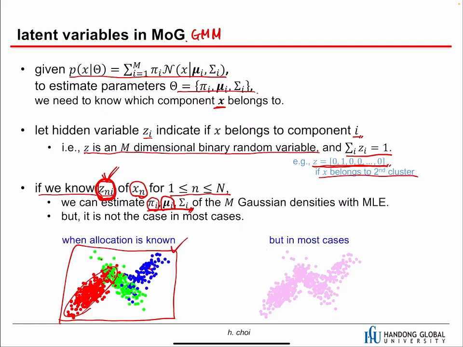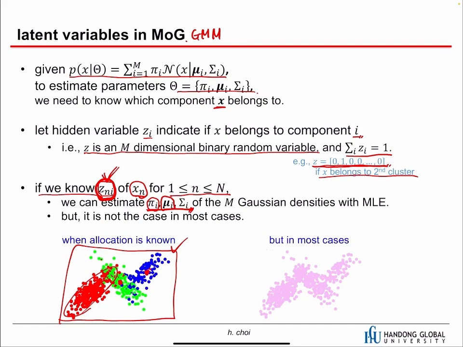So we have red dots and green dots and blue dots, and the red dots belong to the first cluster and green dots belong to the second cluster, etc. Then the mean of the first cluster is simple, the mean of the second cluster is simple, the mean of the third cluster is simple, and the variance too. And pi sub i is simple. We can just count the number of samples.